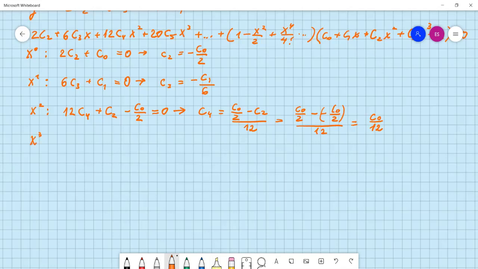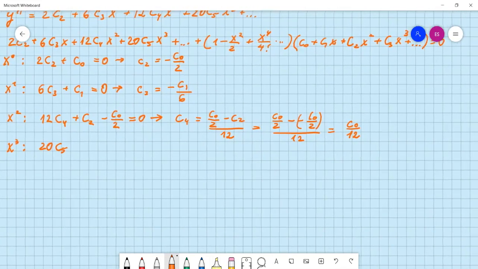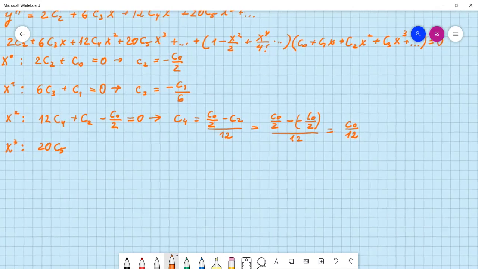Maybe we'll need more, but we're going to see, guys. So for cube, we have 20C5. Do we have cube from here? Okay, let me look over here. I have cube, which is going to be 1 multiplied by C3x cubed, right? So I'm going to add C3. Do I have any other cubes?